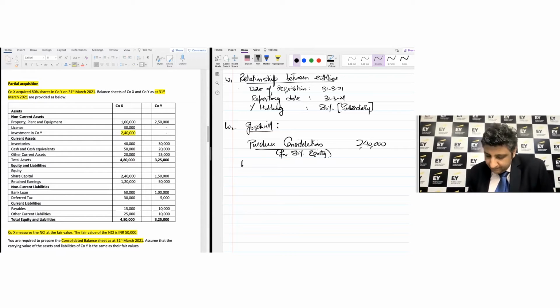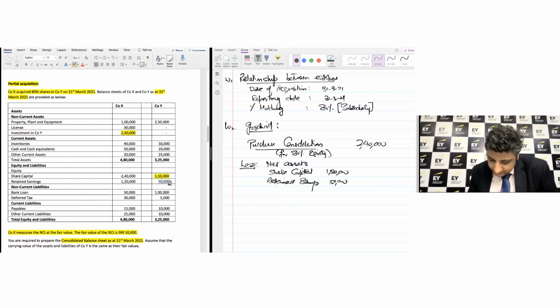But importantly, how much will you consolidate? We say we consolidate 100%. So we'll be deducting the net assets to the extent of 100%, and that's where the share capital is 1,50,000, a figure we want to pick up, and retained earnings of 50,000.